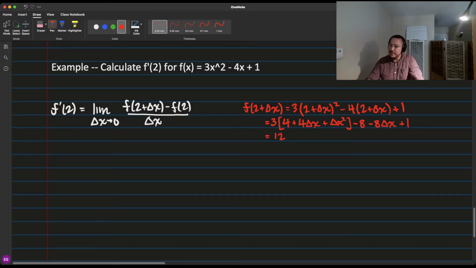We're going to get 12 plus 12 delta x plus 3 delta x quantity squared minus 8 delta x plus 1. Okay, so I'm going to rearrange the terms a little, in descending order with the delta x. So we're going to get 3 delta x squared. We have 12 delta x minus 8 delta x, which is going to be plus 4 delta x. 12 minus 8 is 4, plus 1 is 5. Yay! Okay, we have one part done.